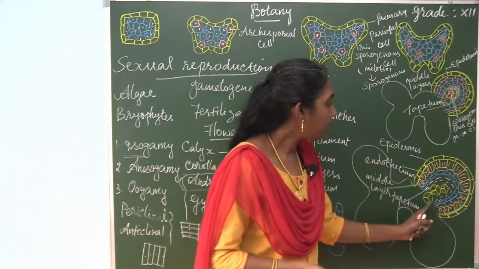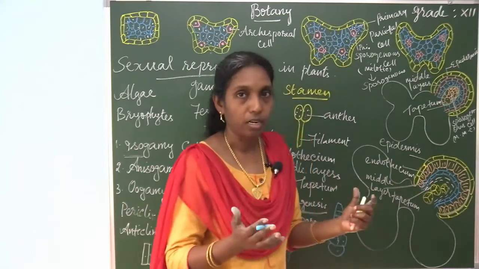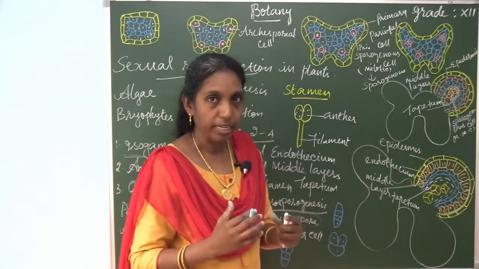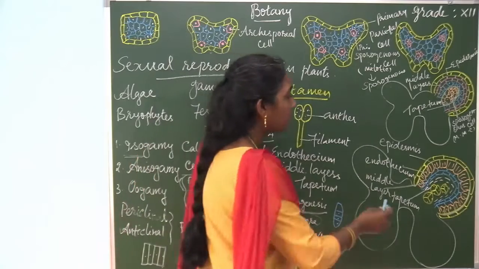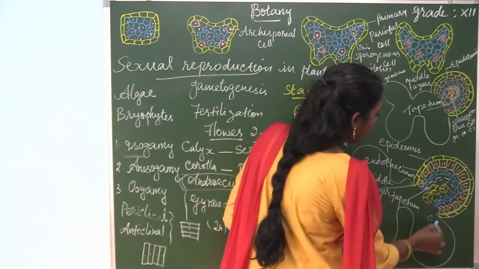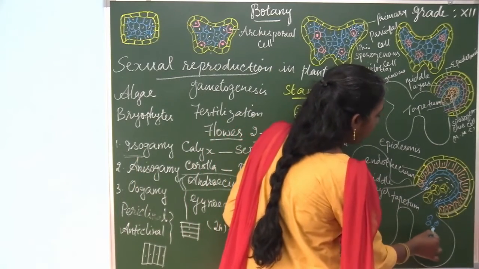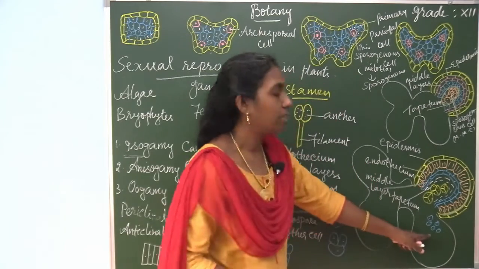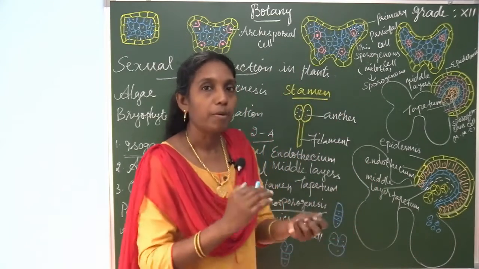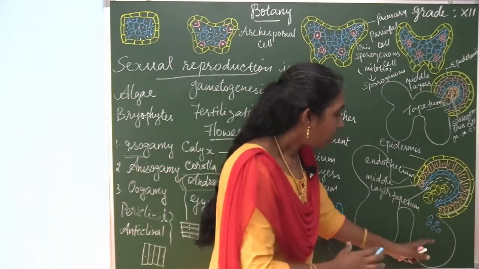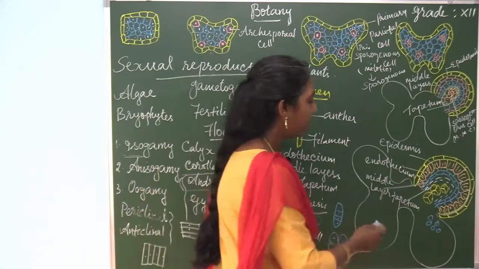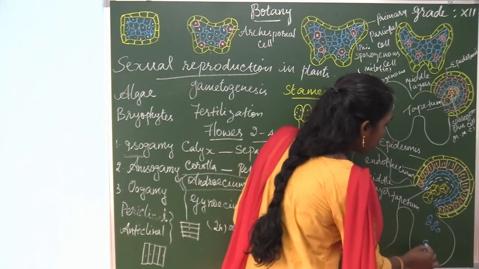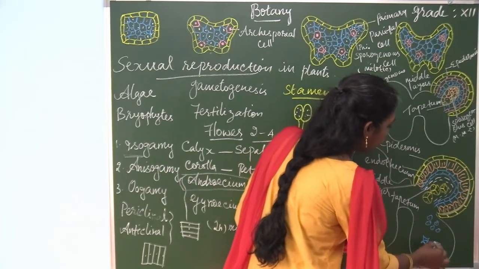From the microspore tetrad, each microspore is derived. Each microspore is developed in the final stage, and the microspores remain located in each lobe and become the pollen grain. Now it becomes the pollen grain.